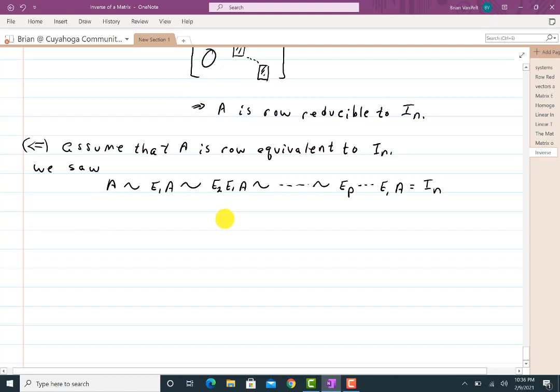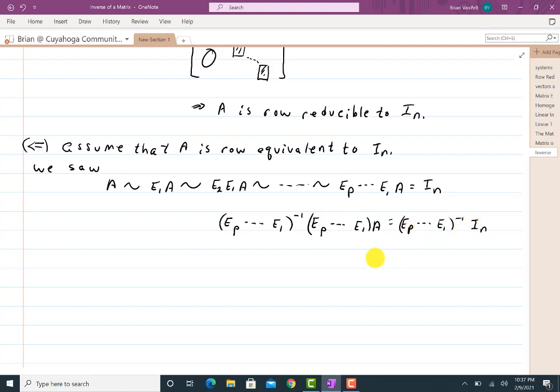But then what you have is that E_p down to E1 inverse times E_p ... E1A equals E_p ... E1 inverse times the identity matrix.